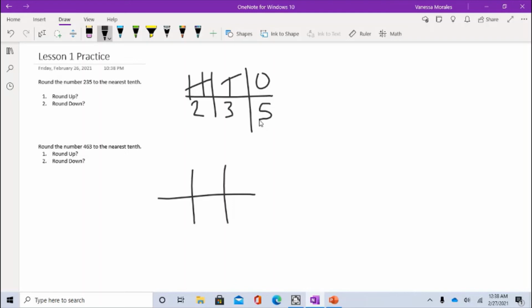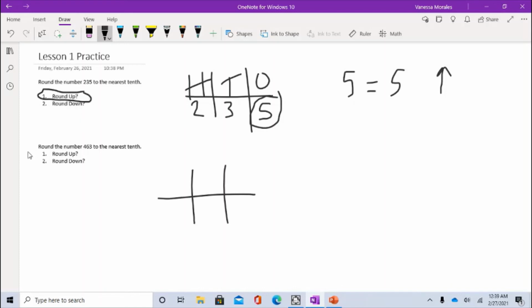So when rounding to the nearest 10, we're going to focus on the number in the ones place. In this case, the number is 5. So 5 is equal to 5. When you have a number that is greater than or equal to 5, we know that we're going to have to round up. So the answer to the first problem is round up, boys and girls.